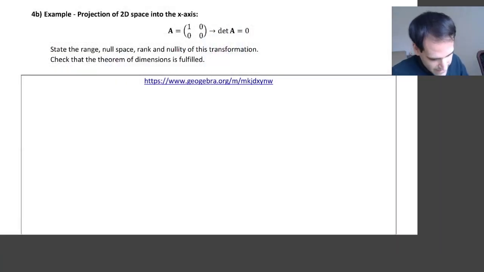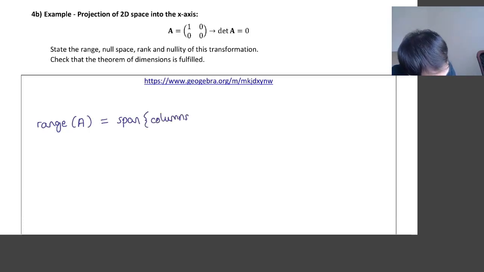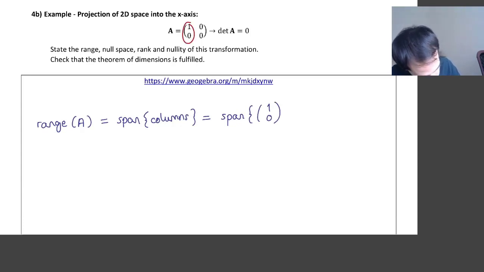So the question asks, state the range, null space, rank, and nullity. So let's do it. First of all, what is the range of A? So the range of A is given by the span of the columns, which is equal to the span of these two vectors, which are the two columns of A. (1, 0) is the first column, and (0, 0) is the second column.